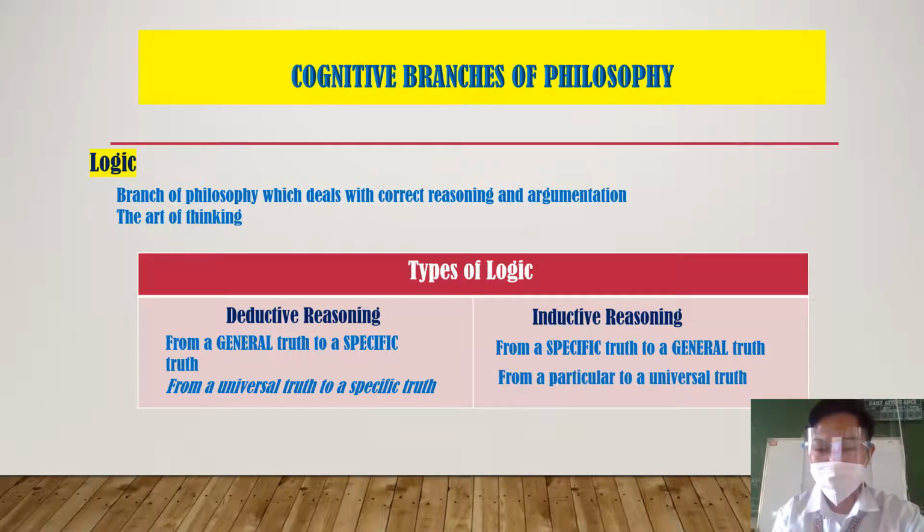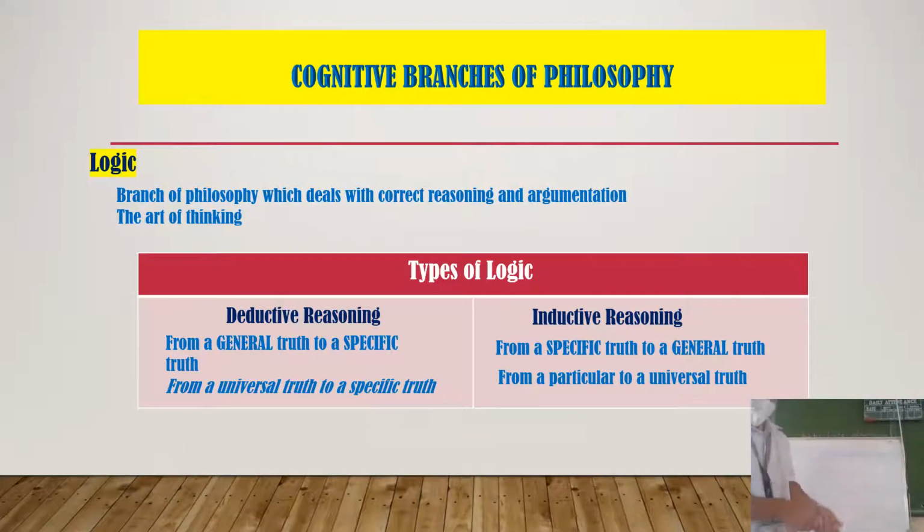So from particular to a universal. If in deductive reasoning the conclusion comes first, then followed by supporting data, facts, examples, and evidences, in inductive reasoning, it's the opposite.